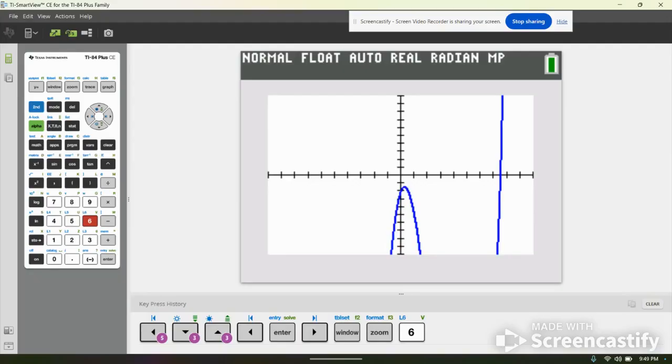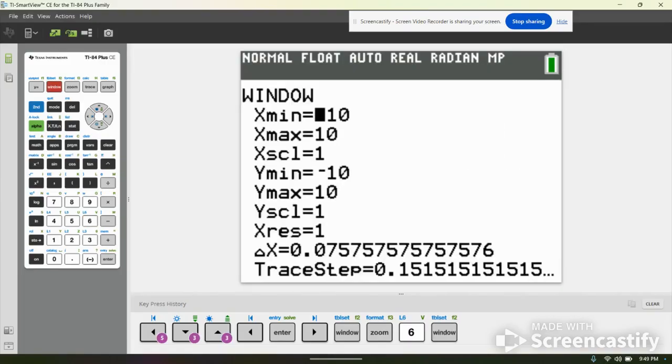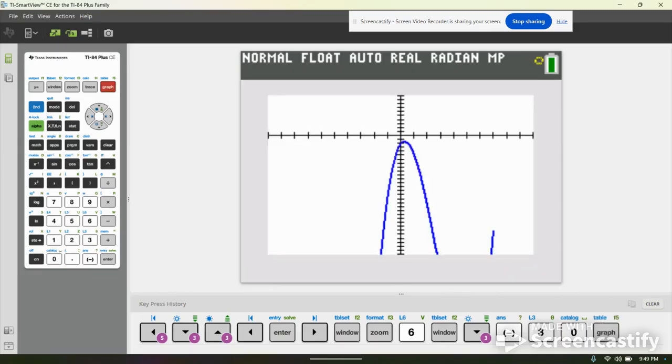We can obviously see that this is not low enough for us to see the whole graph, which means that I'm going to have to change my Y min. So go back to my window, go down to my Y min, change this to, let's say, -30, and let's graph that one more time. Still not enough.